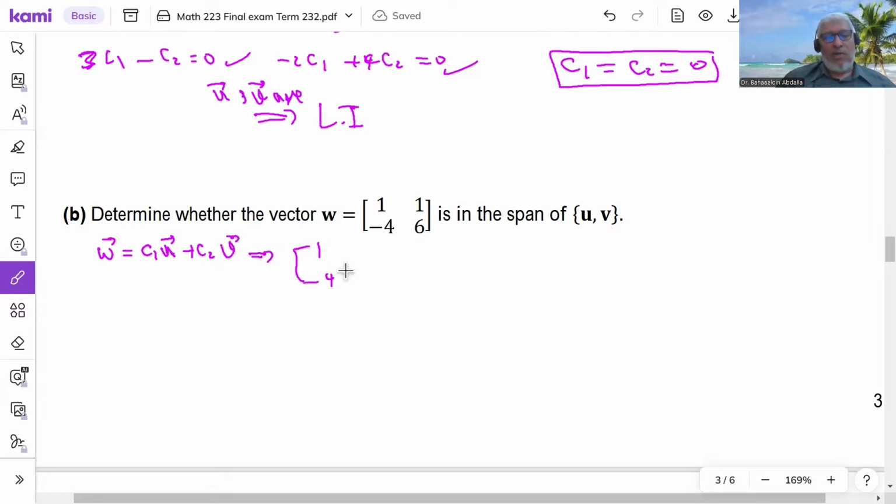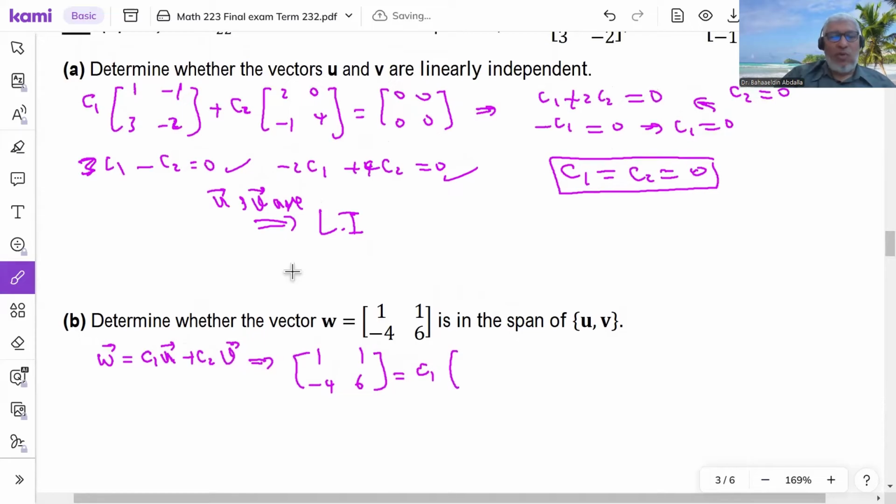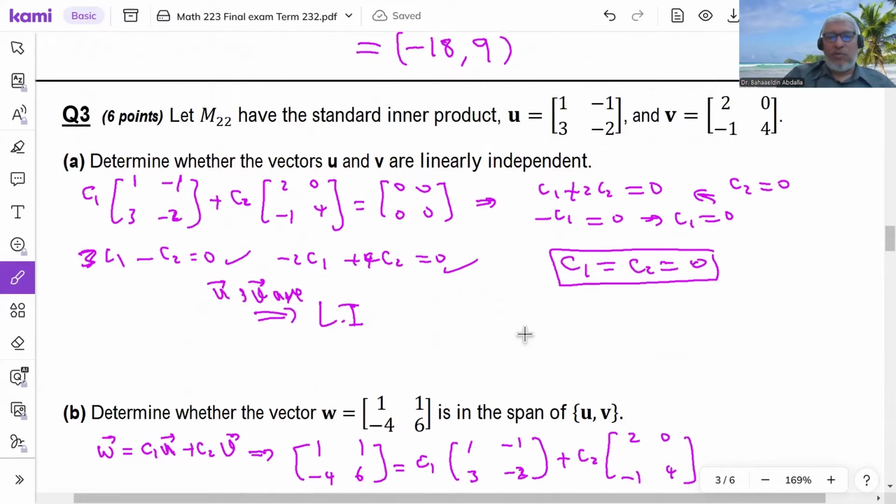So I'll have 1, negative 4, 1 and 6 equals c1 times u, which is 1, negative 1, 3, negative 2, plus c2 times v, which is 2, 0, negative 1, and 4.